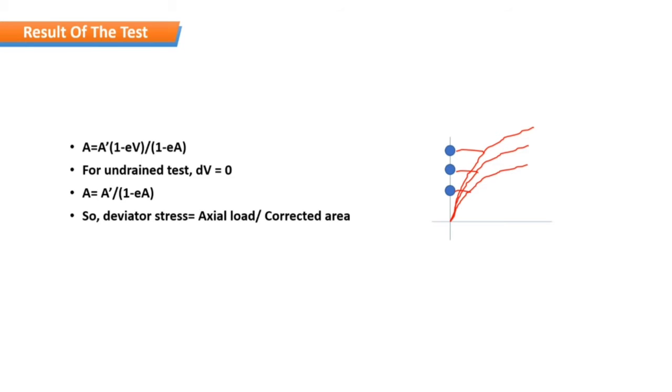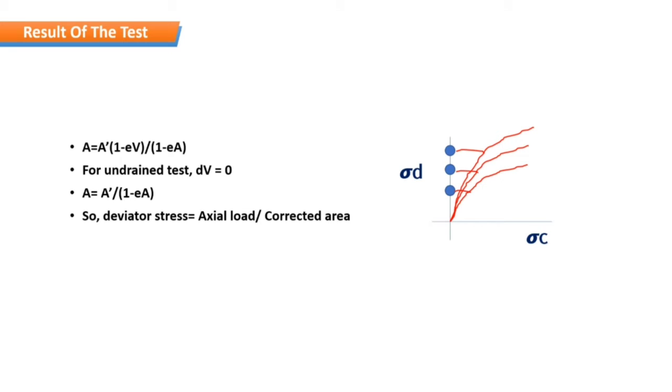Okay, so by 3 tests we can note it. On the y-axis there is the deviator stress, sigma d, and on the x-axis there is the axial strain, epsilon a. So what is the corrected area? A is the corrected area and A naught is the initial area.